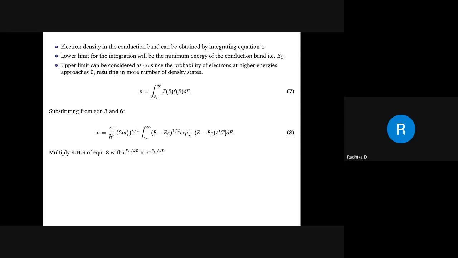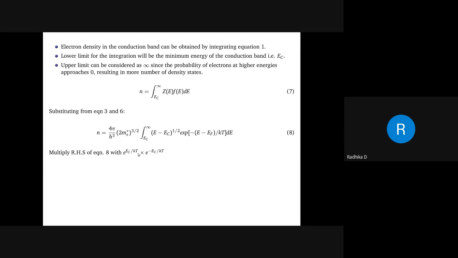Why am I doing this? What do I get if I multiply this in a usual way? e to the power of x into e to the power of minus x, or e to the power of x divided by e to the power of x, it's just 1, right? So it basically doesn't change much here. But for us to solve the integral, we are doing this, multiplying with e to the power of EC by kT into e to the power of minus EC by kT.